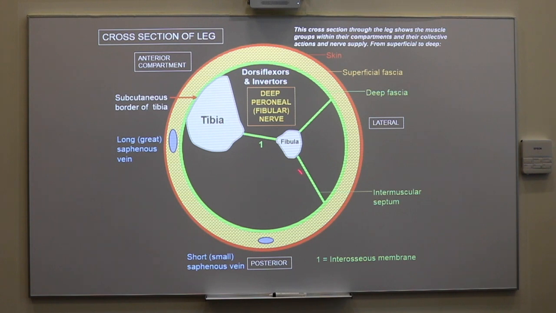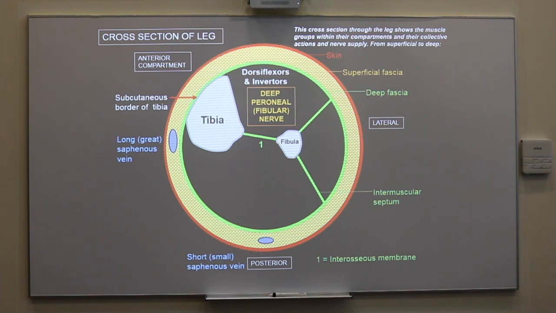And then we come to the posterior compartment, which lies behind the posterior intermuscular septum and the posterior aspect of the tibia and the fibula. This compartment is further divided by a transverse septum into superficial and deep compartments. The superficial has 3 muscles and the deep has 3 muscles, or you can say 4 muscles.